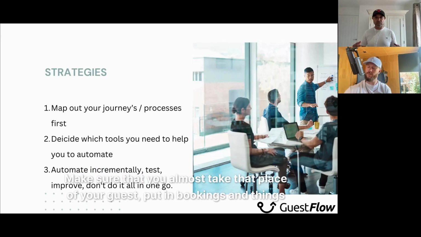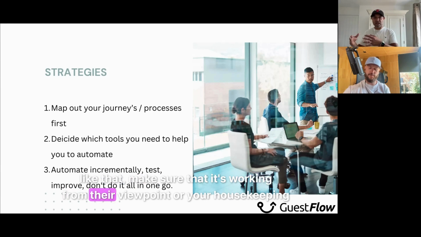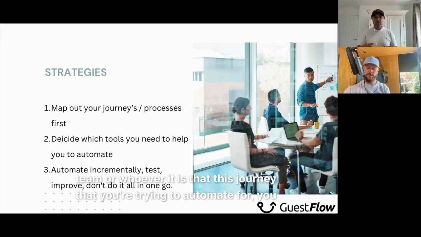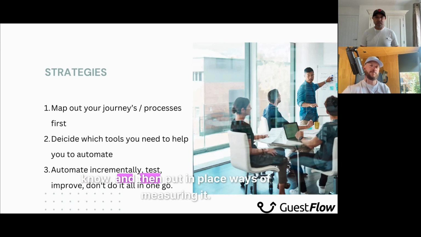Make sure that you almost take the place of your guest, put in bookings and things like that. Make sure that it's working from their viewpoint, or your housekeeping team, or whoever it is that this journey that you're trying to automate is for, and put in place ways of measuring it so that you can improve it. Definitely, yeah.